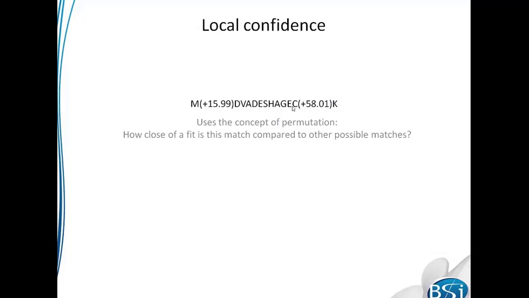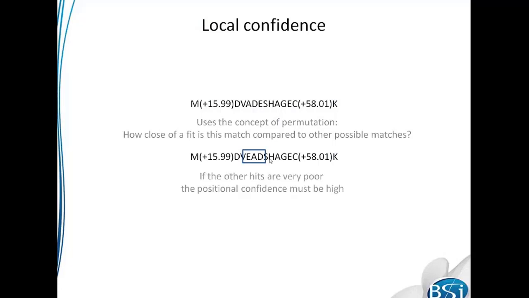So this is a sequence that was assigned to a spectrum, and it uses the concept of permutation, meaning how close of a fit is this match compared to all other possible matches. So say, for example, we look at one individual part of the sequence at a time. It looks at individual chunks of the sequence one at a time and compares it to the different other possibilities.